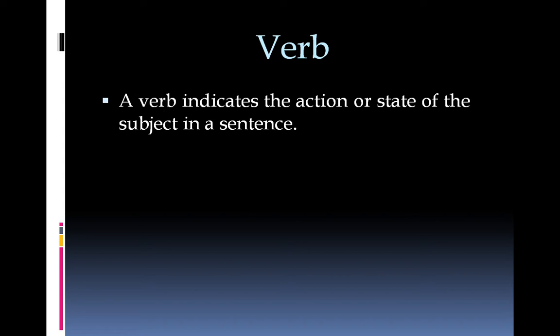That somebody or something is the subject of the sentence, and the word that shows us what the subject does or is, is the verb. The verbs which indicate what the subject does are the words which show action of the subject. They are the action verbs. And the verbs which indicate what the subject is, they are the verbs of state. We call them linking verbs as well.